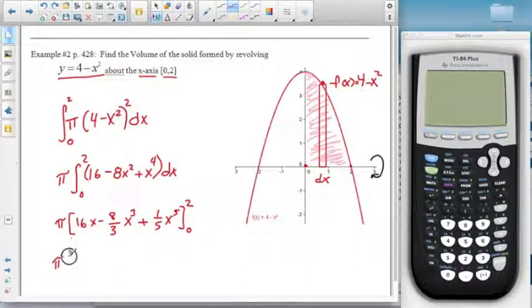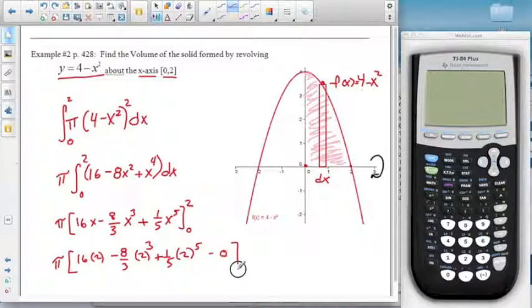So we're going to have pi times 16 times 2 minus 8 over 3 times 2 cubed plus 1/5 times 2 to the 5th minus 0.